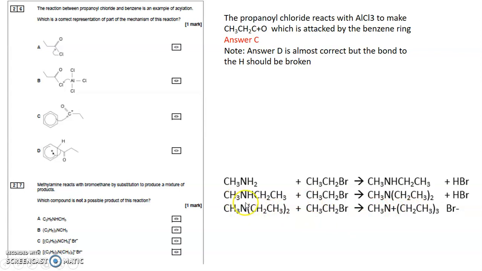The N, which has just used its lone pair of electrons to bond here, will have a plus charge. It's not got an H to get rid of, which could donate its electrons back onto the N and get rid of the plus. So the plus stays, and I've got a quaternary ammonium salt. So the one which is not a possible product is D. 2 CH3 groups. I've never got 2 CH3 groups. The answer is D.